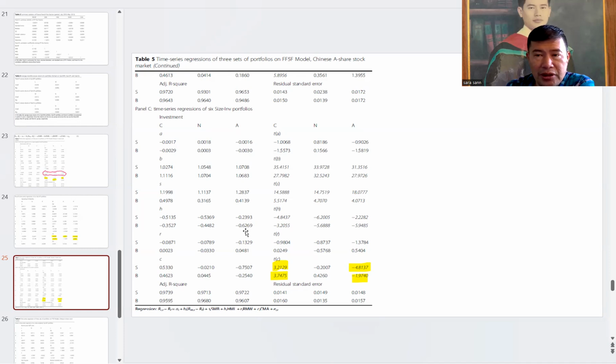We don't want excess return to go down. We want excess return to go up. So the book to market ratio factor makes excess return of the size to return on investment go down. It's not good.